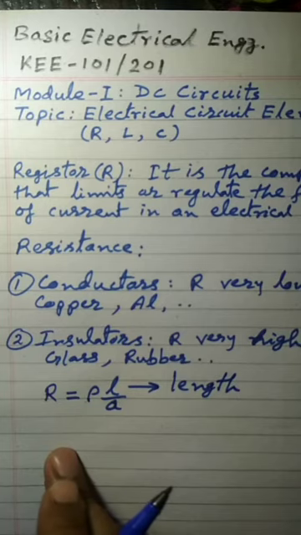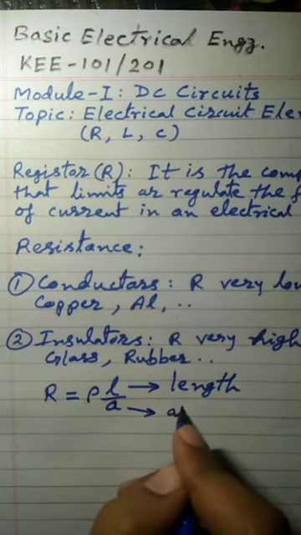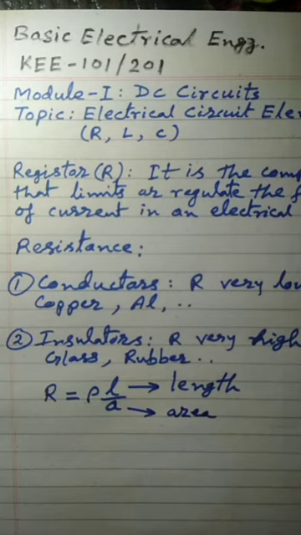That means if the length is more, the resistance will also be high. A is the cross-section area of the material, and the resistance is inversely proportional to the cross-section area. That means if the thickness of the material is more, then the resistance will be low.